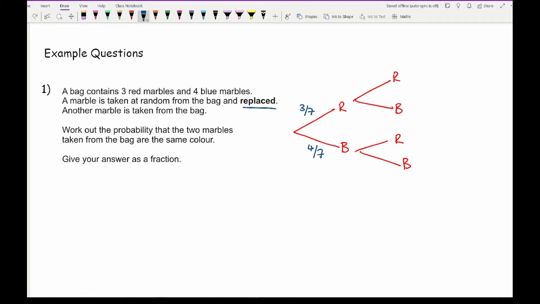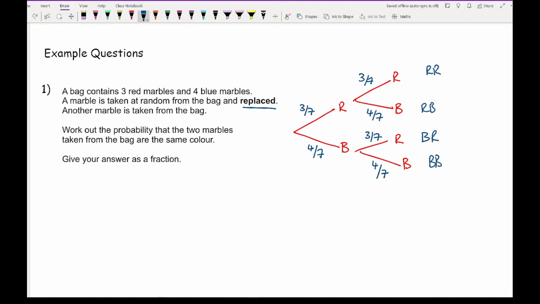Once I've taken a marble from the first selection, I'm going to put the marble back in. So in the second selection, I'm still going to have 3 out of 7 red, and 4 out of 7 still blue. So I've quickly completed my tree diagram, and in terms of the outcomes, this is red red, this is red blue, this is blue red, and this is blue blue.